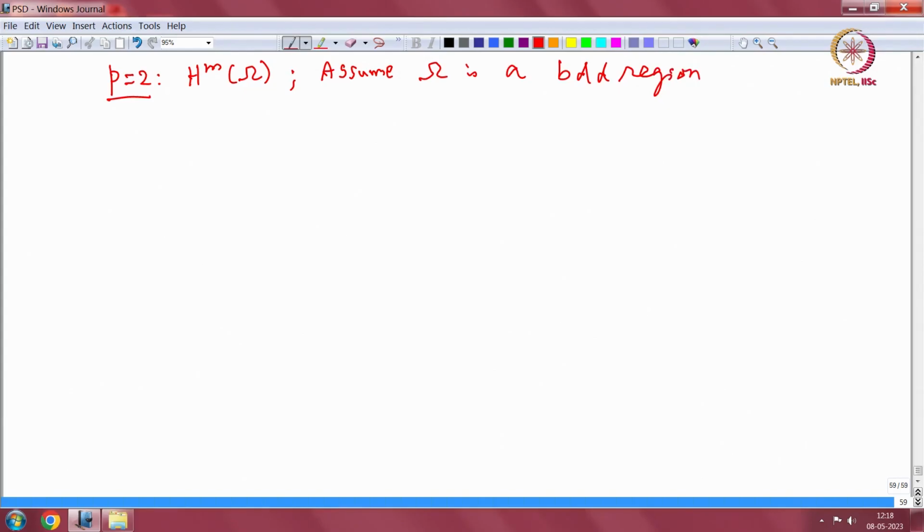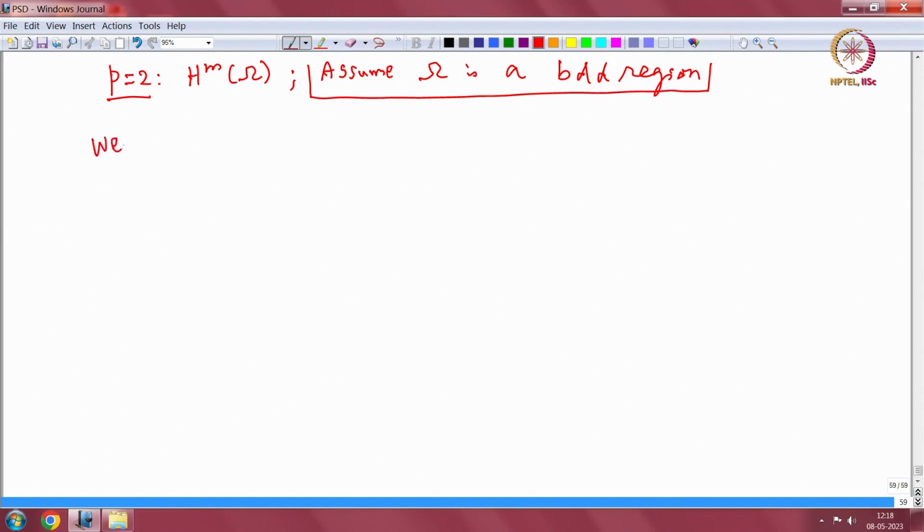So, many times we want to integrate that. So, that is okay. Of course, you should see where it is not required. Some results may go through without boundedness.